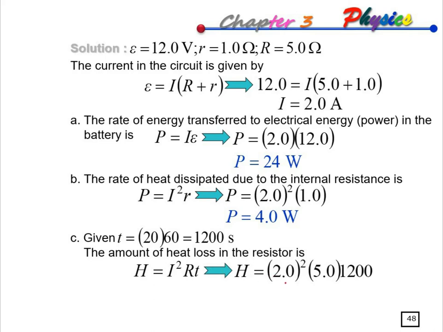For I, 2.0, R is 5, and T is 1200 seconds. So here we have the amount of heat loss in the resistor is 2.4 times 10 to the power of 4 joule. This is the answer for question C.